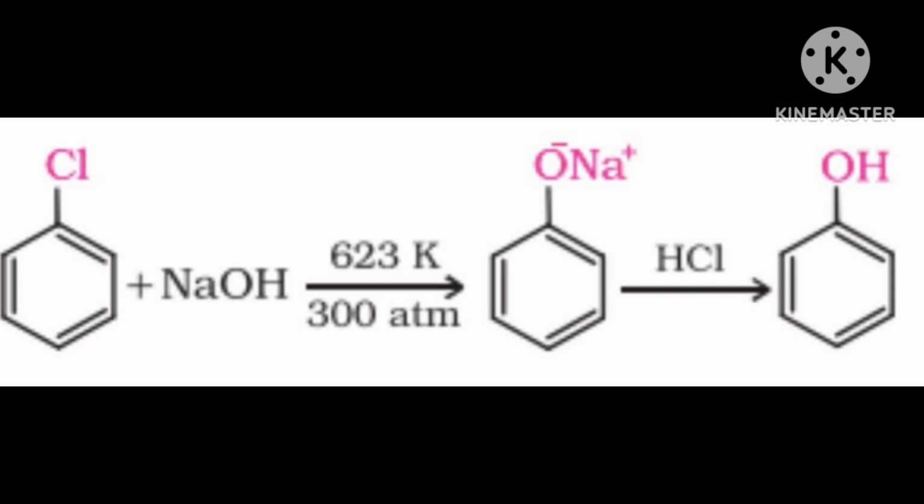And this H plus which went from benzene will go with HSO4. HSO4 is minus. Then this H plus from benzene will go to the HSO4 minus and form H2SO4. Correct? This is the important step I told you. Now you got the benzene sulfonic acid.